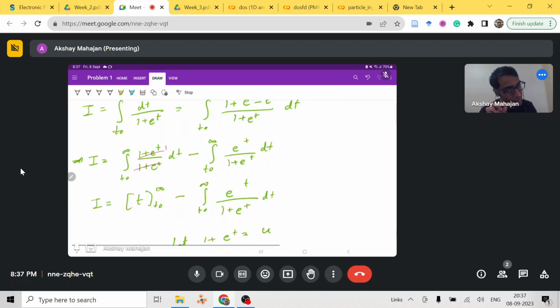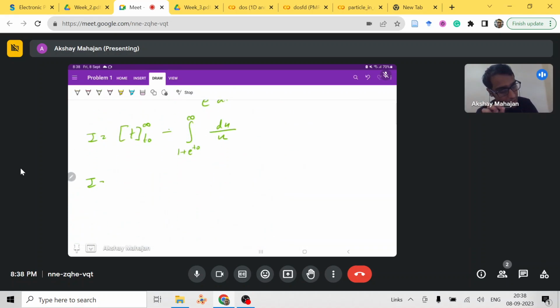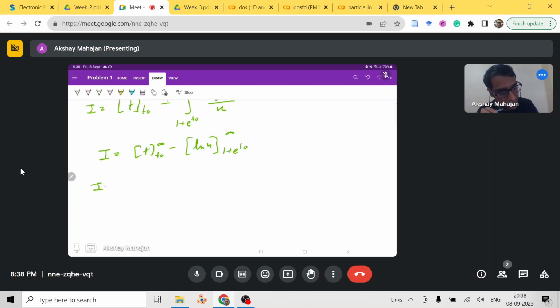So this is our integral, and I is equal to t from t naught to infinity minus ln of u from 1 plus e to the power t naught to infinity. Now ln of u at infinity will also be infinity, so both these infinities will cancel out, and we are left with just finite terms.